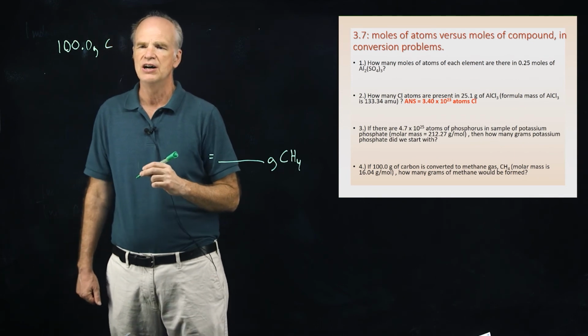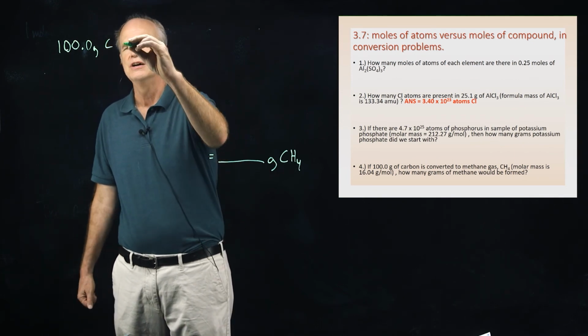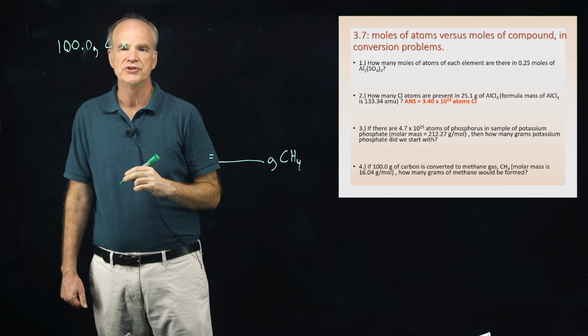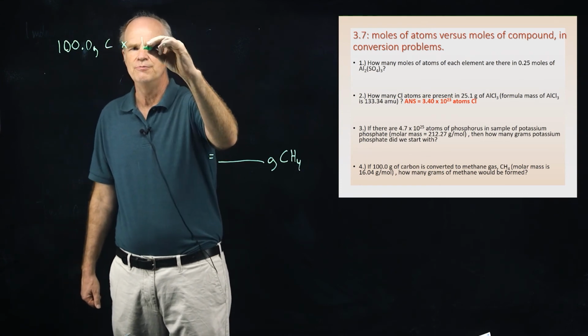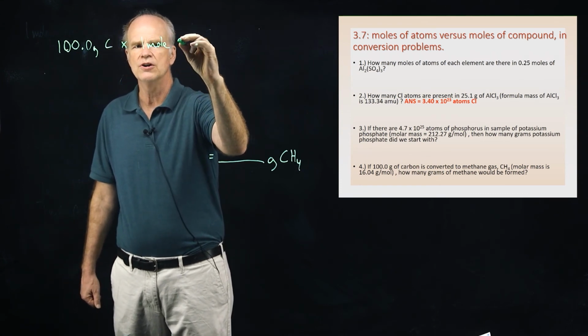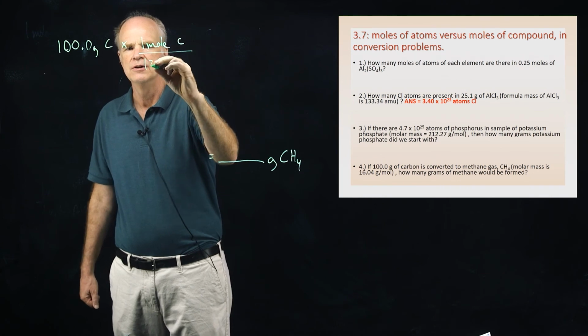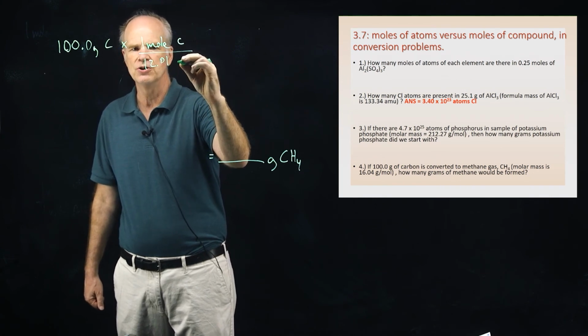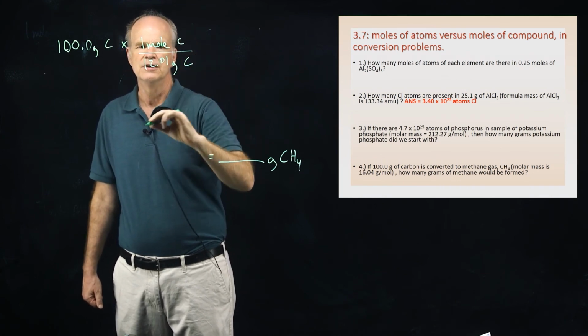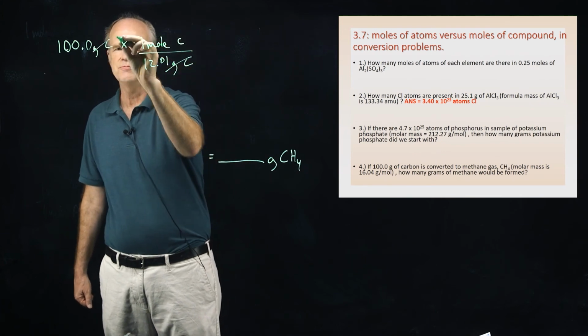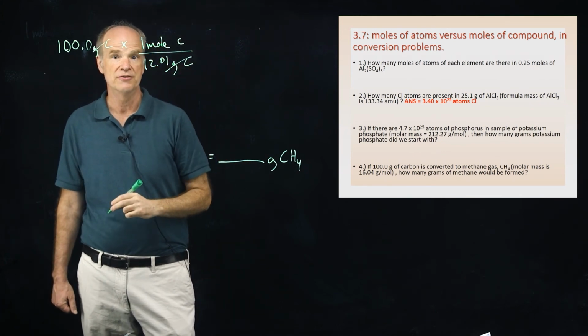So we have 100.0 grams of carbon, and so what we want to do is get this into moles of carbon, which shouldn't be too bad. So 1 mole of carbon over the molar mass of carbon, which is 12.01 grams per mole. And so you can see that at this point the grams of carbon cancel, you're left with an answer of moles carbon.